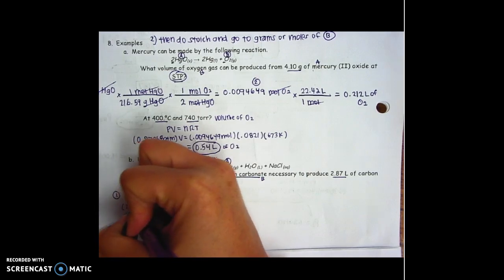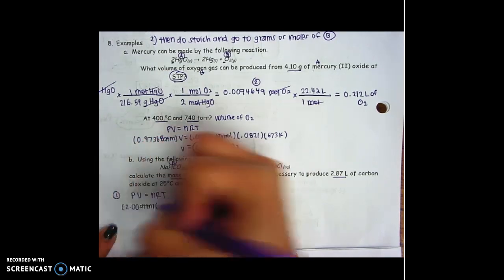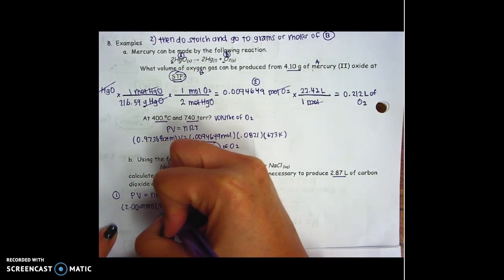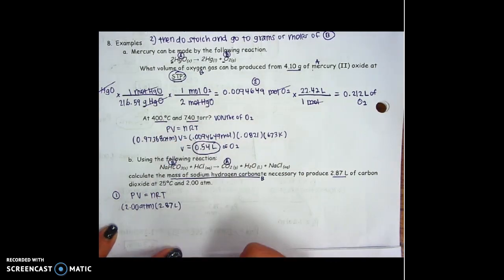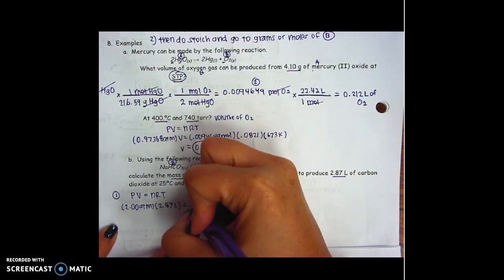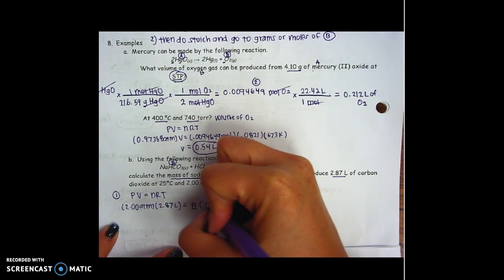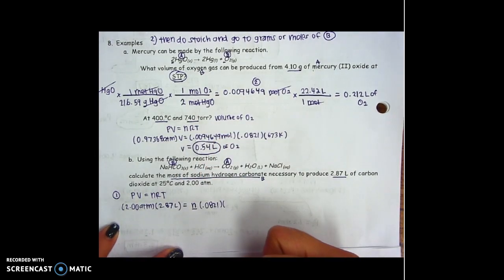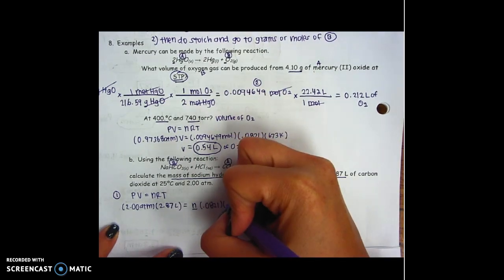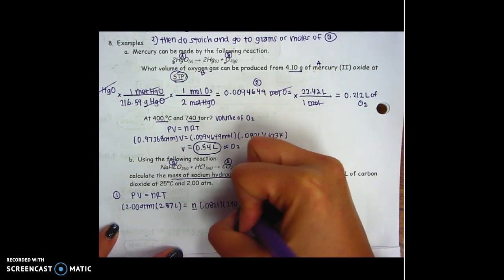It's at 2 atm. The volume of my carbon dioxide gas is 2.87 liters. The number of moles is what I'm looking for, and the R constant is 0.0821, and the temperature is 25 plus 273, so we get 298 Kelvin.